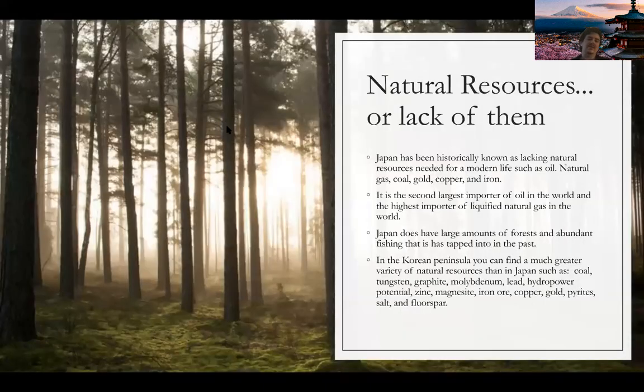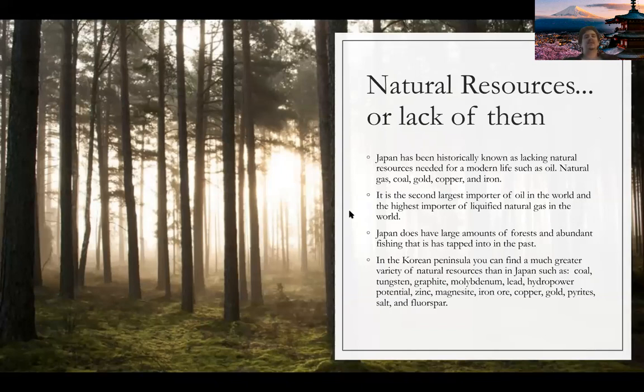So, natural resources available, or in this case, the lack of them. Japan has been historically known as lacking natural resources needed for modern life, such as oil, natural gas, coal, gold, and copper. That is one of the main reasons attributed to Japan's reasoning for expanding in the 1930s prior to World War II with the United States.